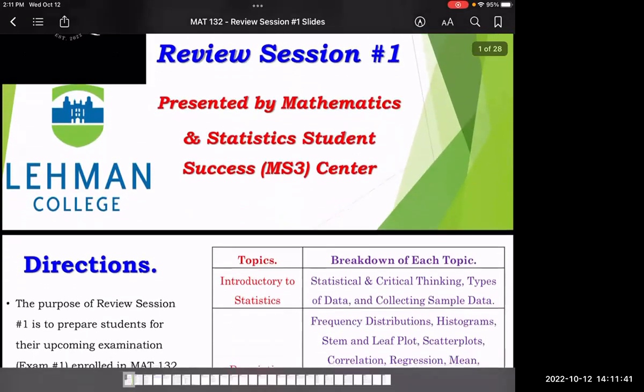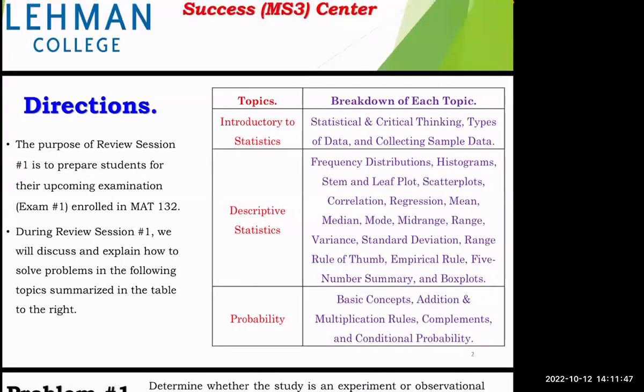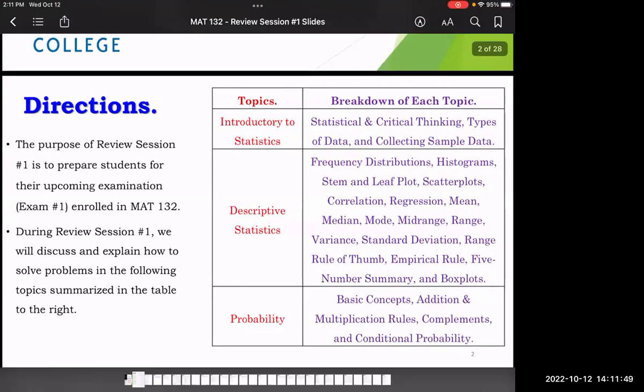Okay, so here are the directions for our workshop. The purpose of review session number 1 is to prepare students for their upcoming exam. Namely for students that are enrolled in Math 132, it's most likely exam number 1.